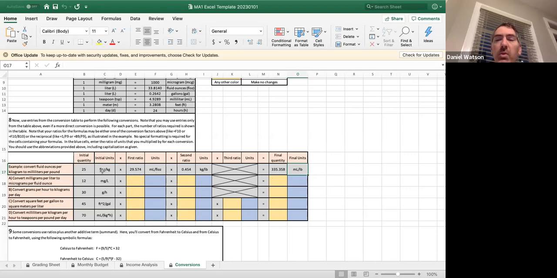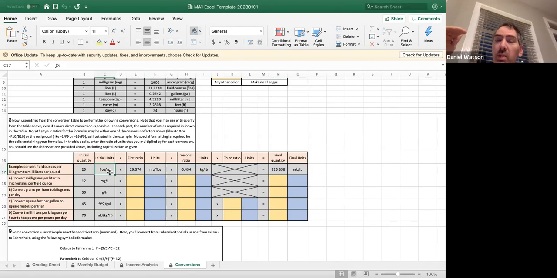So we can replace fluid ounces with milliliters by writing a fraction with whatever we're trying to replace in the opposite part of the fraction. We've got the numerator and the denominator. Right now, that fluid ounce is in the numerator.